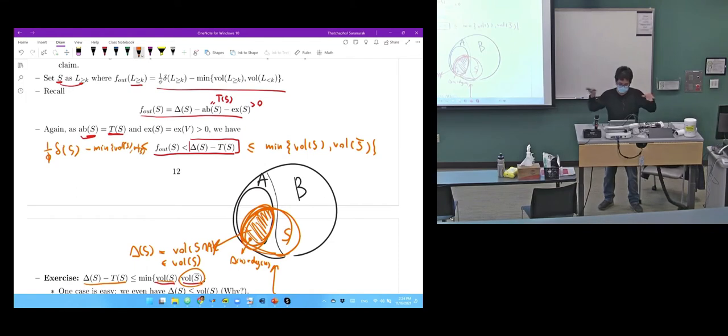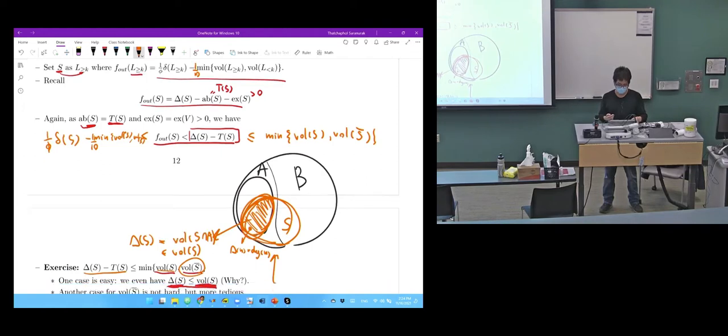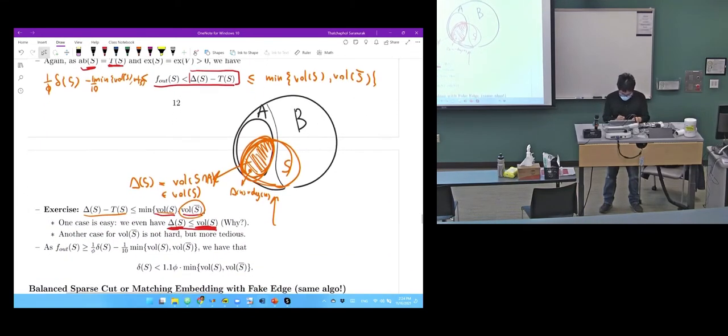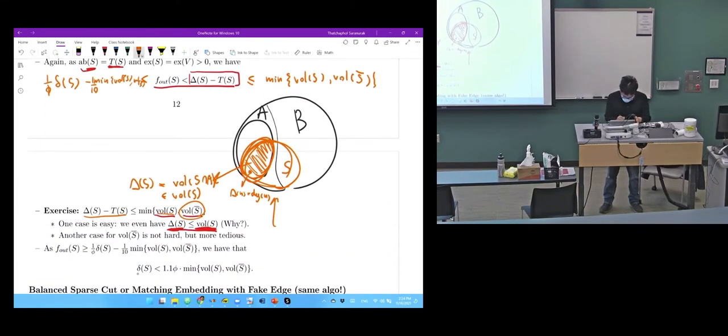Now when you change the side of the inequality, actually I put it something like this. Just combine these two inequalities together. Well, then you have that the cut size here is less than 1.1 times phi of the volume. Okay.